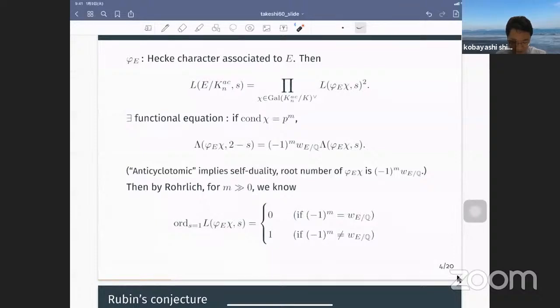So the order is 0 or 1, depending on the parity, so it depends on the root number. If the root number is +1, then the order is 0 in general. If the root number is -1, its order is 1. And we can deduce Greenberg's formula by using the Gross-Zagier formula from Rohrlich's result.